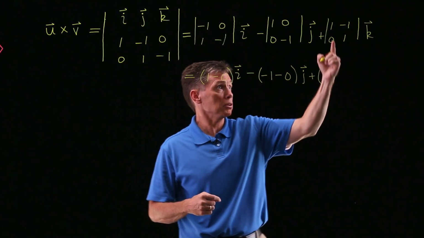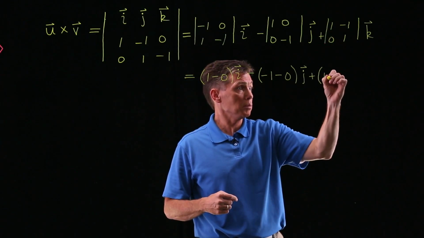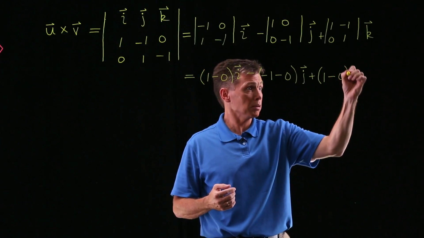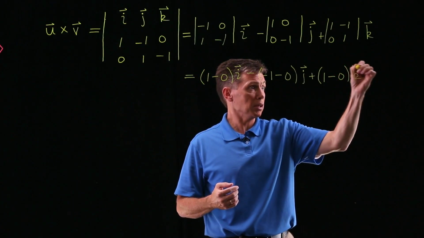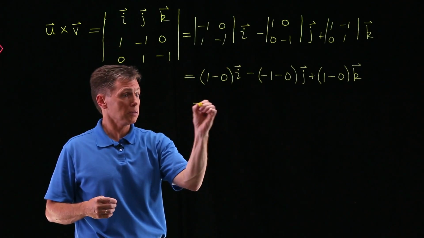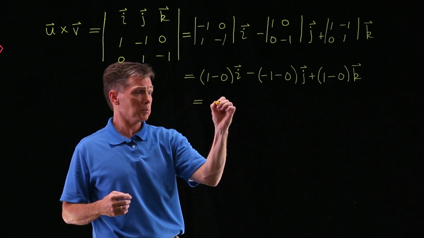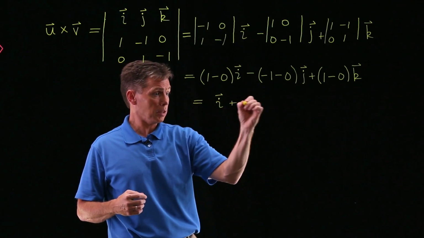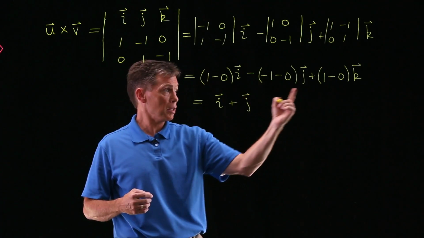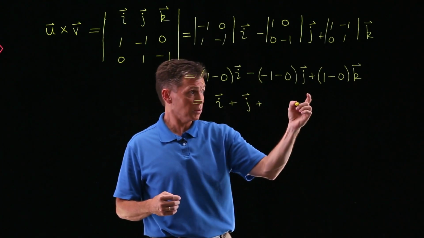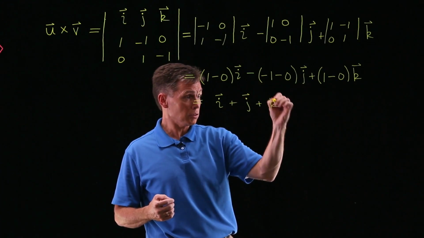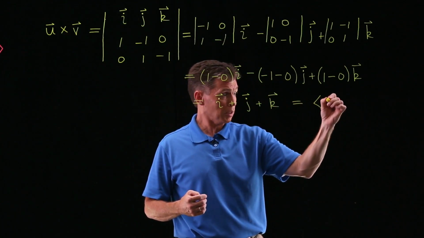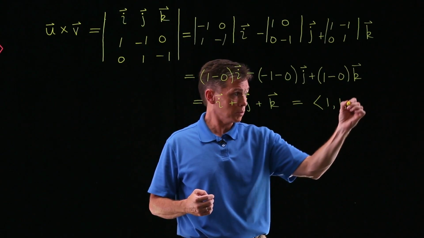Plus, crisscross here is 1 minus negative 1 times 0. There's another 0 for you, times that k vector. Let's clean this up and see that this ends up being just i, minus a minus, so that'll be plus 1 times j, plus 1 times k. Or if I even write it this way, we're going to have components of 1, 1, 1.